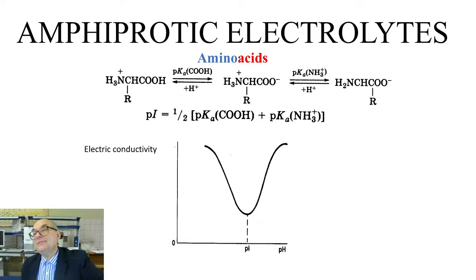But if we look at the definition of the amino acid, it's known that these amino acids are crystalline substances which have a large solubility in the water. Why? The large solubility in water means that in nature they are charged species.